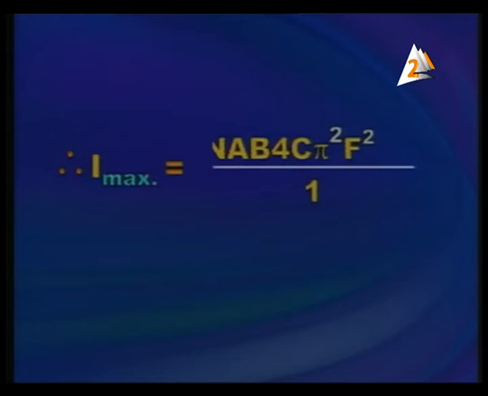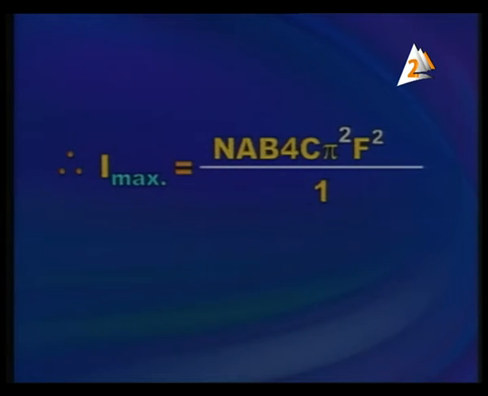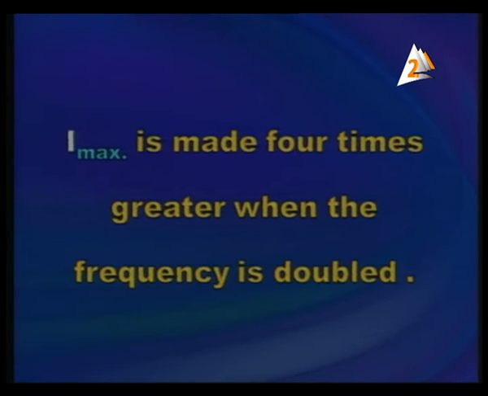So it is quite clear that maximum current is directly proportional to the square of the frequency. When the frequency is doubled, I maximum is made 4 times greater. It is quadrupled.